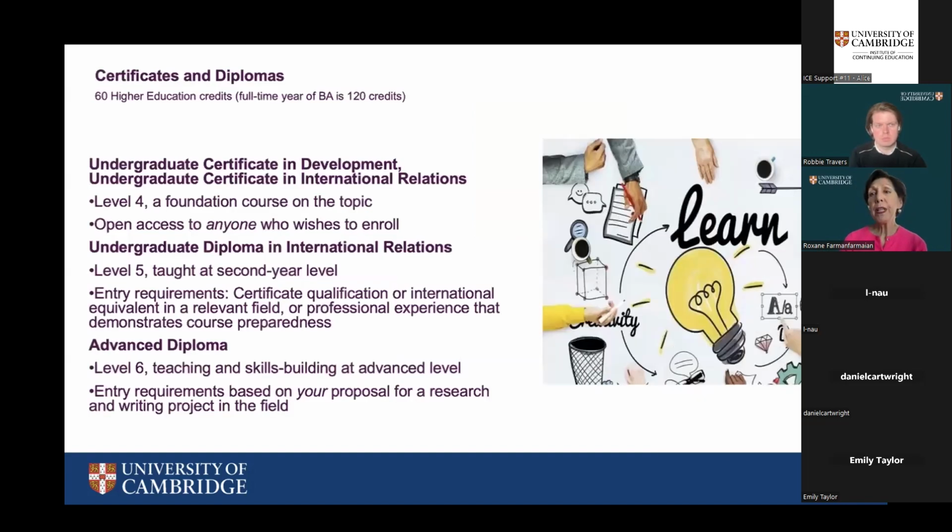Now, let me go into this a little bit more carefully and in more detail. So both the undergraduate certificate in development and the undergraduate certificate in international relations are level 4 courses.